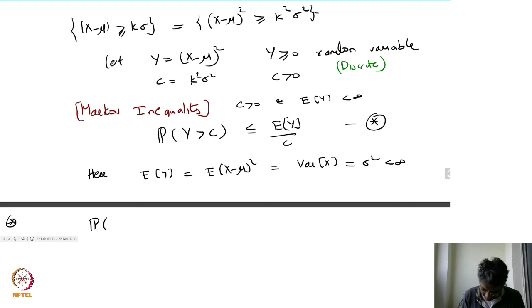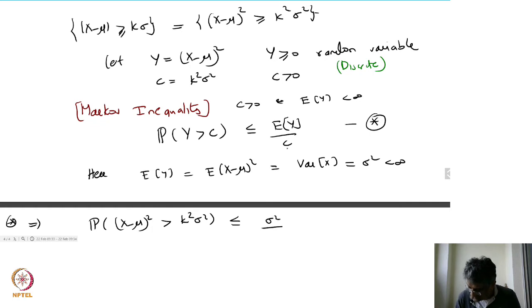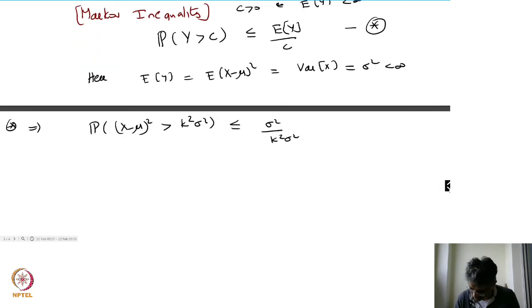Star implies, what is Y? Y is X minus mu whole squared. So X minus mu whole squared bigger than C, which is K squared sigma squared, is less than or equal to E of Y. E of Y is sigma squared divided by C. What is C? C is K squared sigma squared. That's what we have shown by the above calculation.